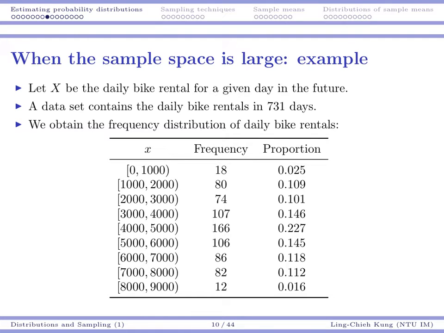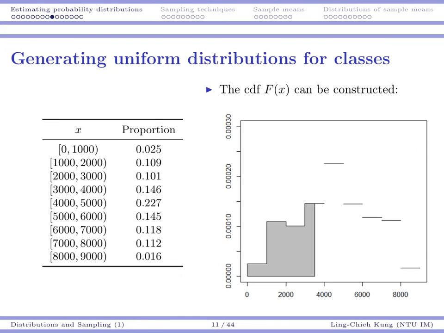Like for this particular value, it's obviously 18 divided by 731, and so on and so on. Okay, so instead of calculating the probability for each value to occur, I now calculate the probability or proportion for each value to occur in that class, in one class.